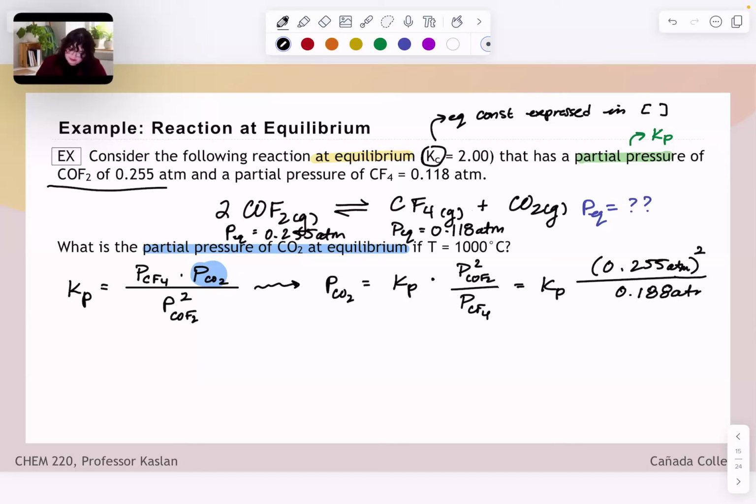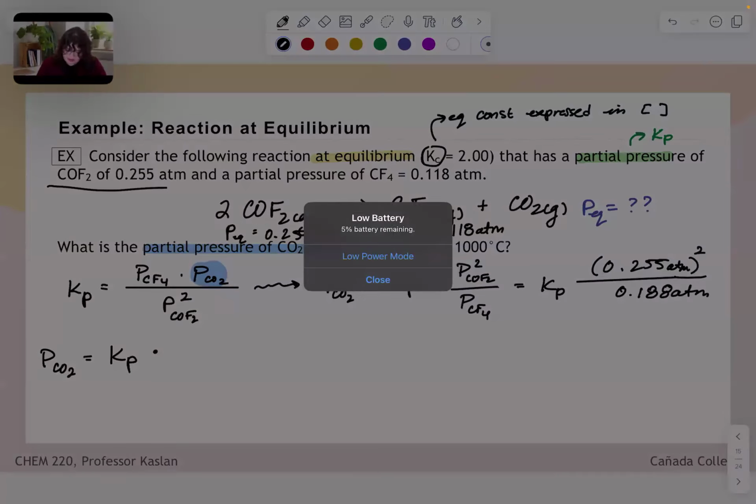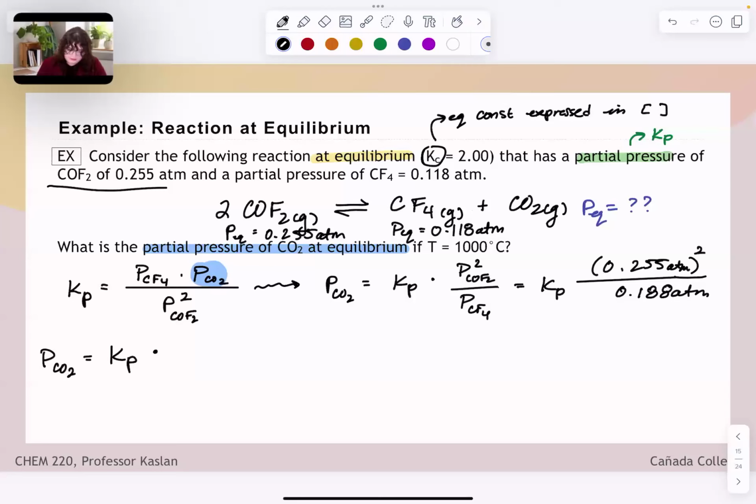0.188 atmospheres, meaning that our partial pressure of CO2 at equilibrium is equal to Kp times this value. So let's get what this value is. So 0.255 squared divided by 0.188. This gives me 0.345877.